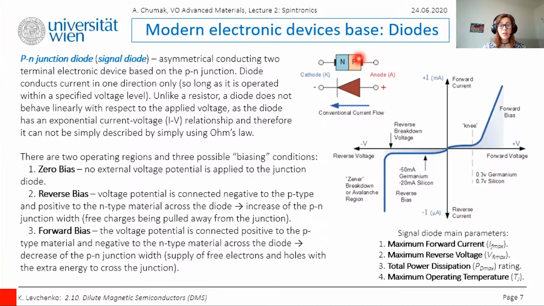So the net result is that the depletion layer grows wider, and we have a high impedance path, almost like an insulator. A high potential barrier is created in the junction, preventing current from flowing through this semiconductor material.